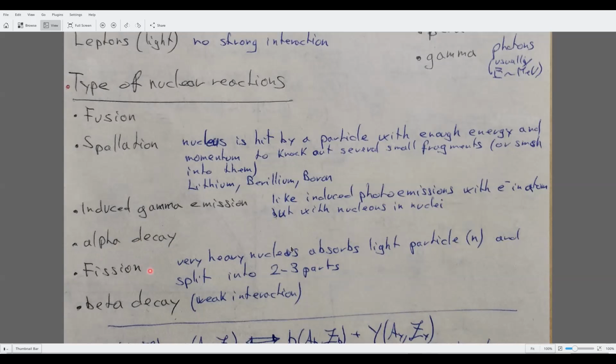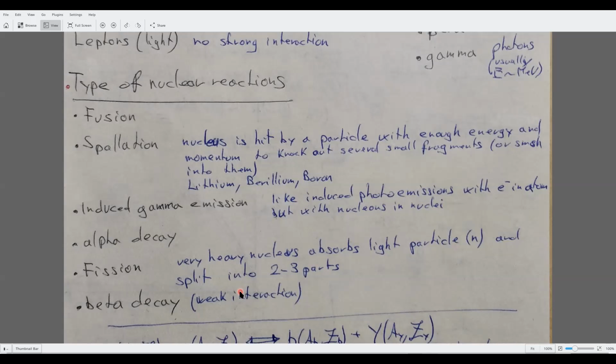Fission, that is the splitting of a nucleus into two or three parts, and beta decay, which usually happens when the nucleus has too many neutrons. Neutrons are quite unstable and easily decay.